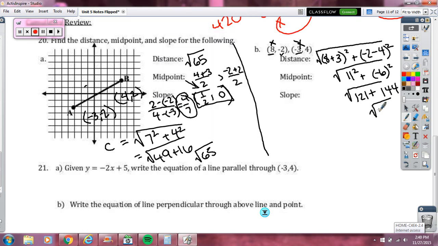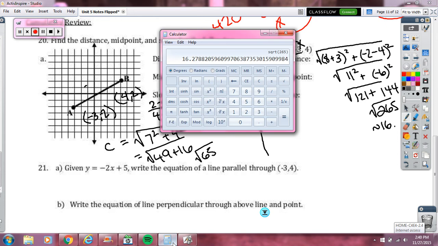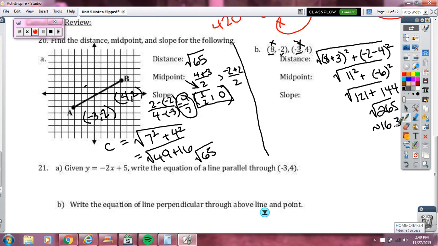And I can square root that and get about 12.5 as my answer. But either of those will work for distance.